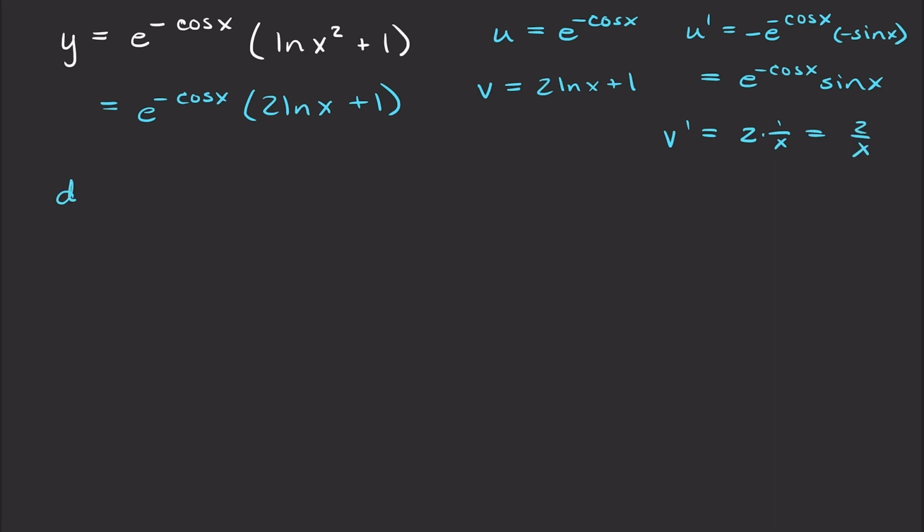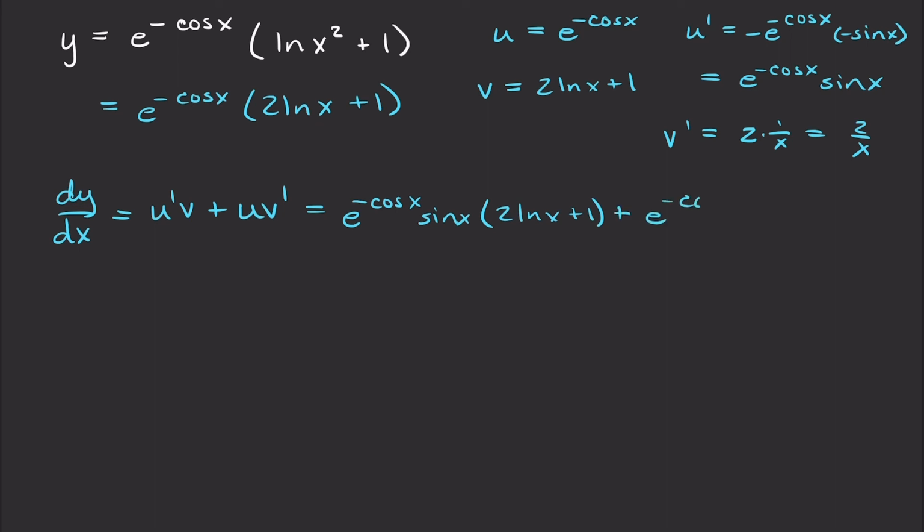And so now we can do the derivative dy dx as the derivative of the first times the second plus the first times the derivative of the second. And so u prime will be our e to the minus cosine x sin x times v, which is 2 ln x plus 1, plus u, which is e to the minus cosine x, times v prime, which is 2 over x.